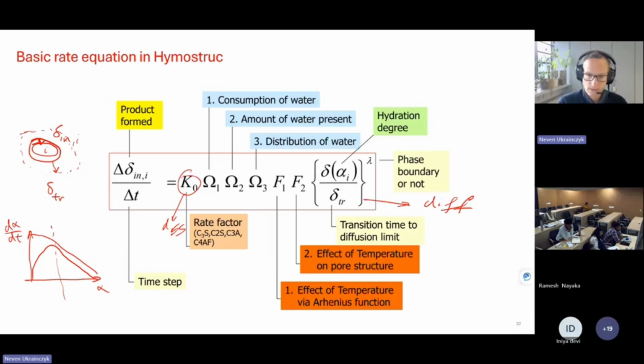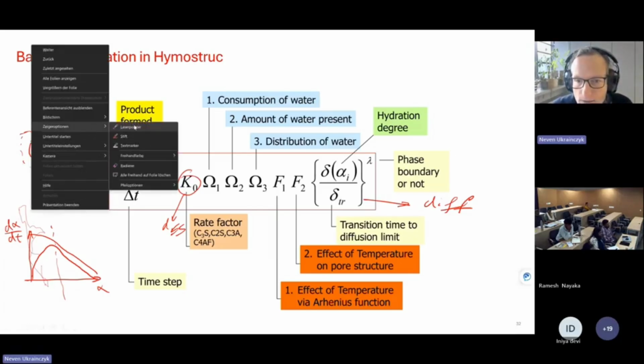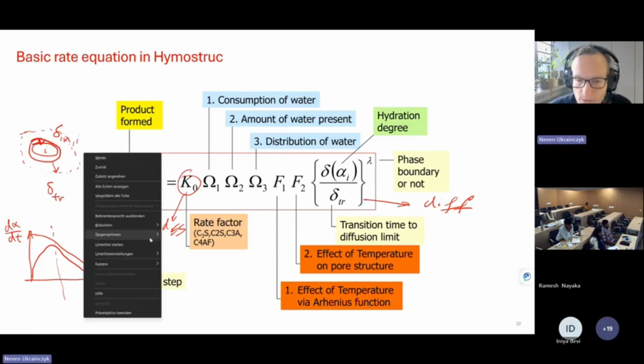And what I did, I just introduced nucleation and growth to be able to simulate also the initial reaction.